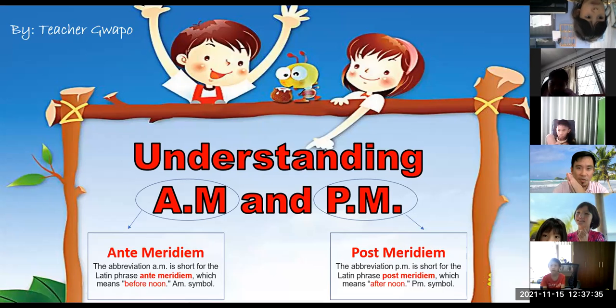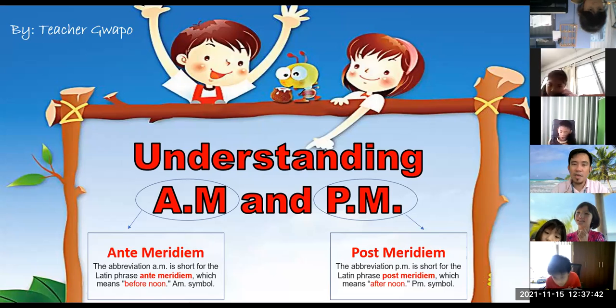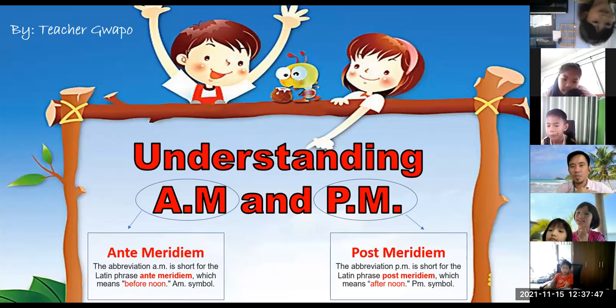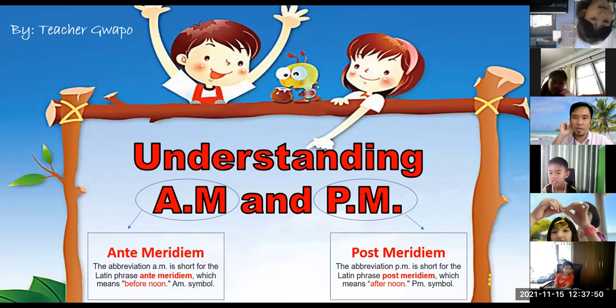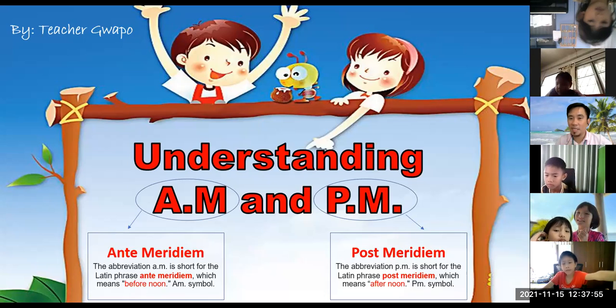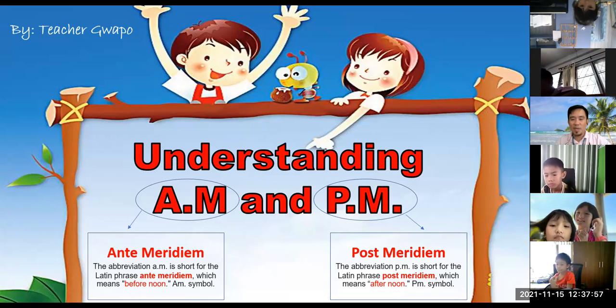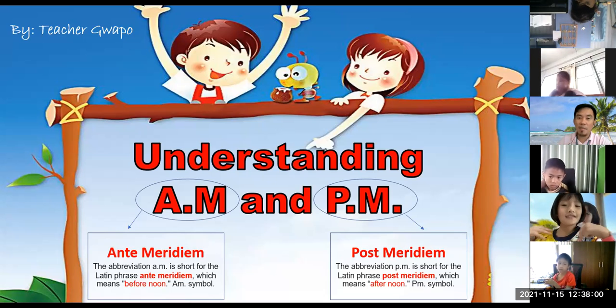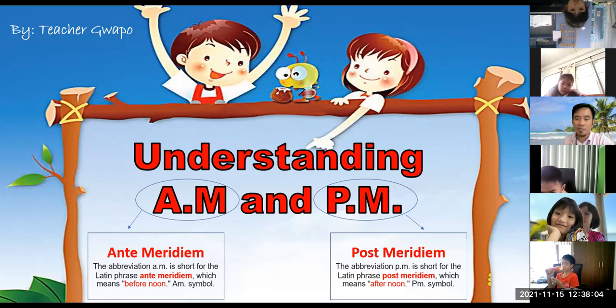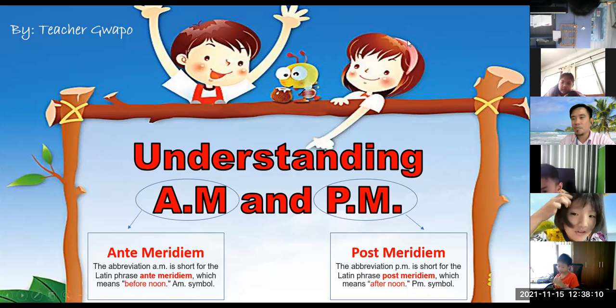So Sokjang says afternoon or evening. If it is afternoon, evening, or night, we say PM. 7 p.m. means in the evening, 10 p.m. is nighttime, and 2 p.m. is afternoon. So PM means afternoon, and AM means before noon. In Latin, AM is ante meridiem and PM is post meridiem.